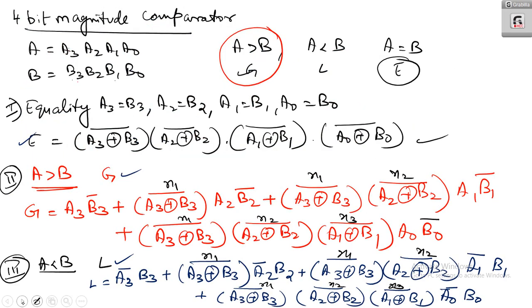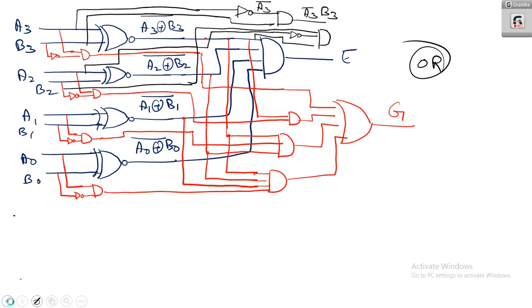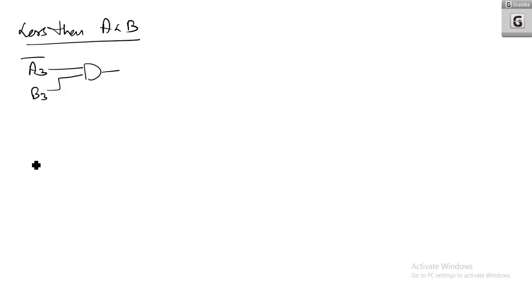First element is A3 bar B3. That is the first element. What is the second element? Second element is H1 A2 bar B2. That is the second element.